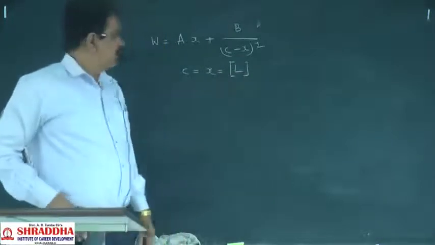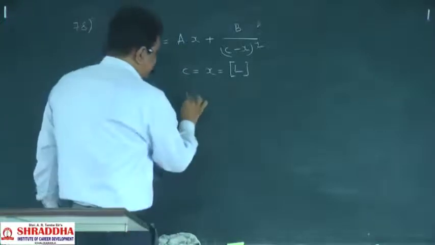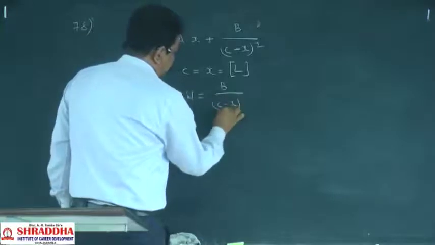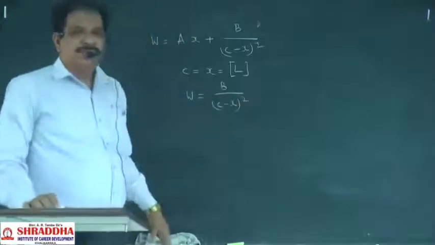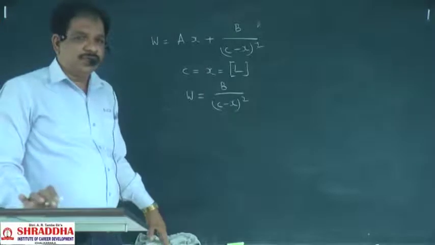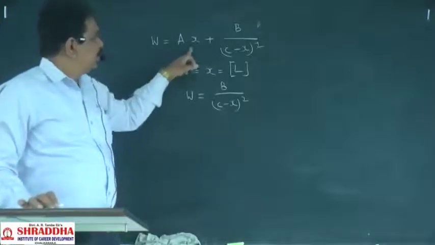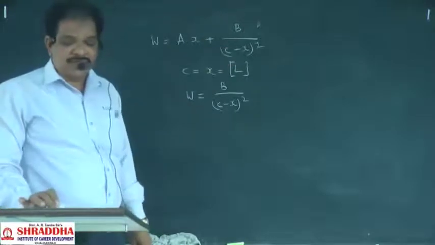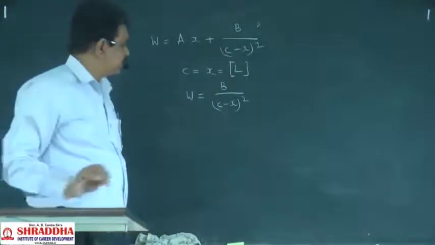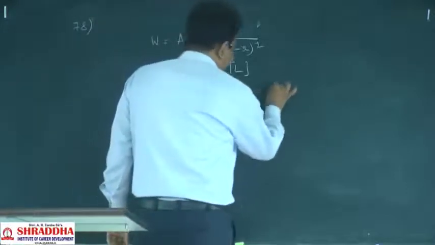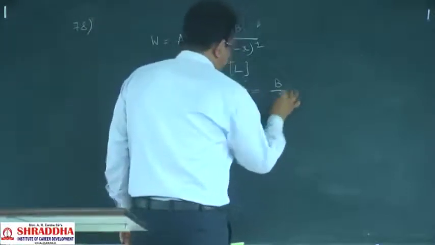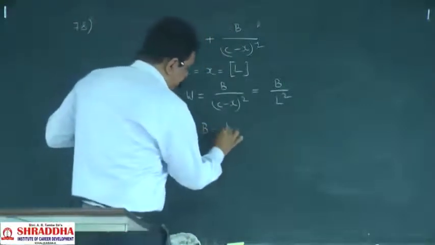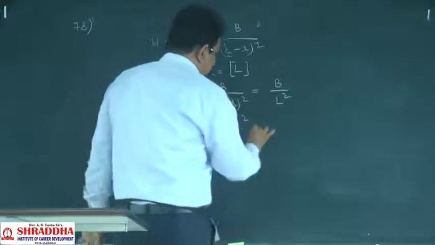Clear? Then W is equal to B by C minus X whole square. Principle of homogeneity: this W, this AX, B by C minus X whole square all will have the same dimensions. So we can write this as B by L square. Then B is equal to W L square.